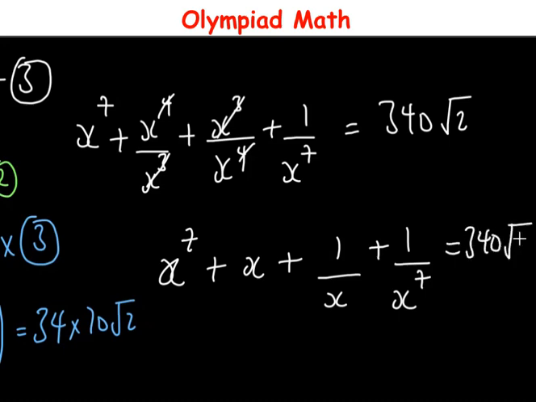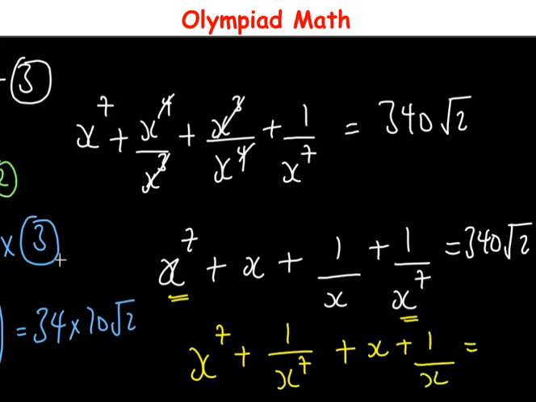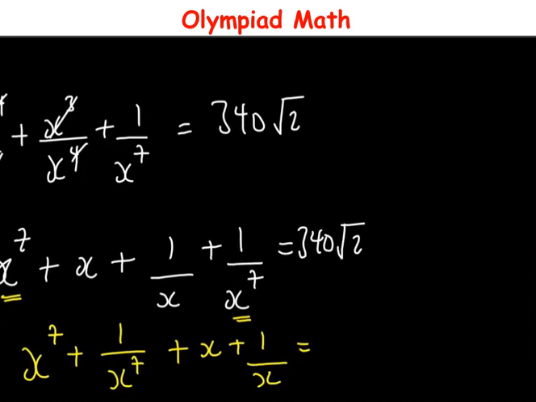With this, we bring these together: x raised to power 7 plus 1 over x raised to power 7 plus x plus 1 over x equals 340 times root 2.